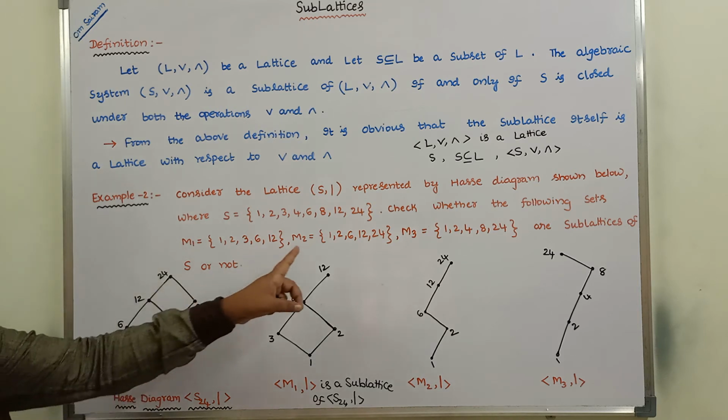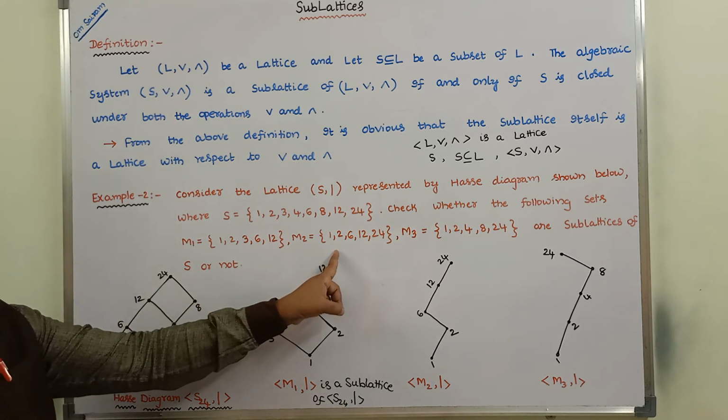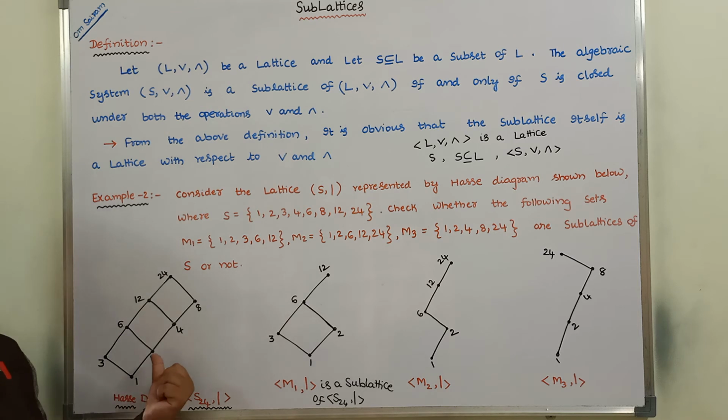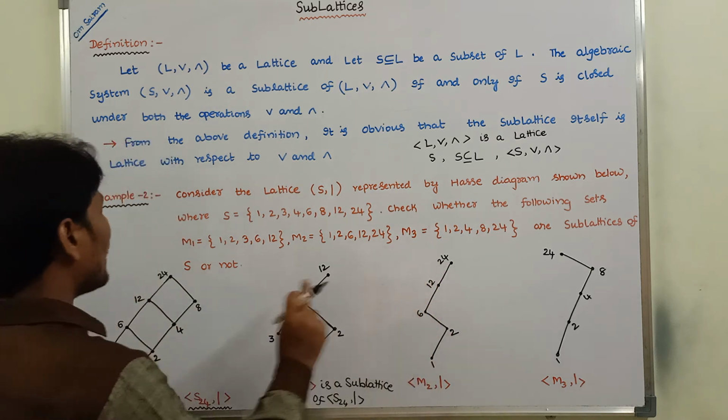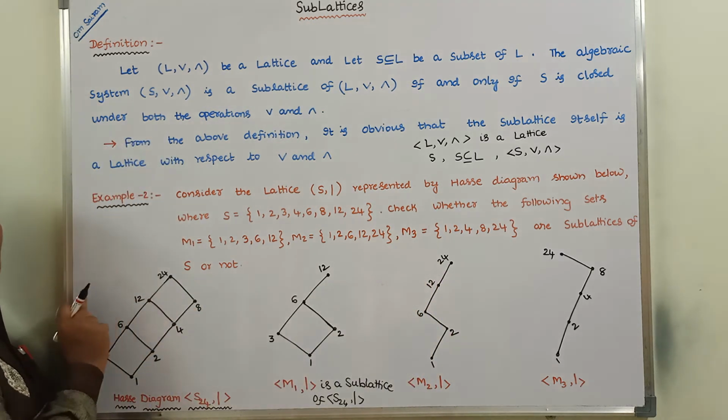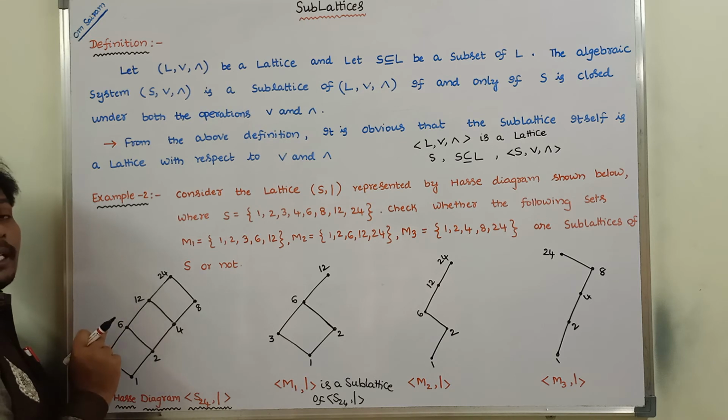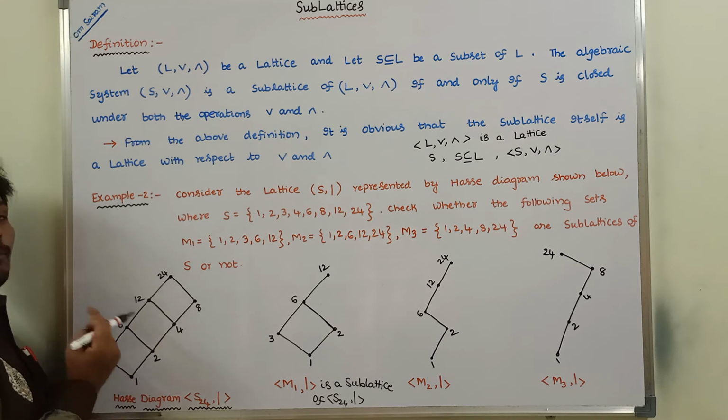Whatever LUB and GLB are there in M2, the same are also there in the main Hasse diagram, for any pair of elements of M2.